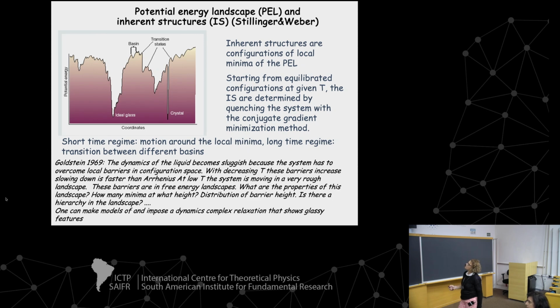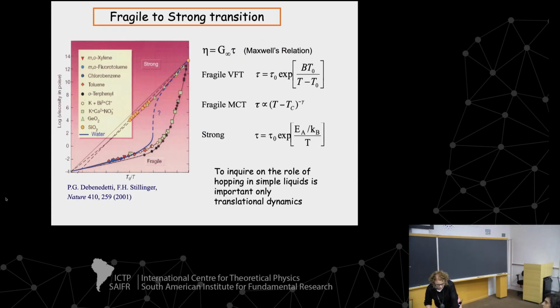In the short time regime, you make a motion around the minima, and a long time regime gives you, for hopping processes, the transition between basins. So this is what happens when you have hopping processes. Down here I brought something that Goldstein brought, but let me go on, because otherwise I run out of time.